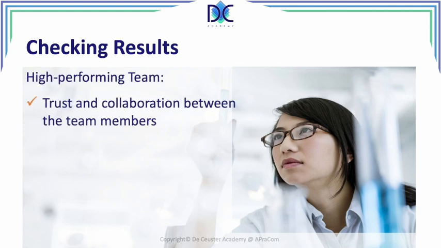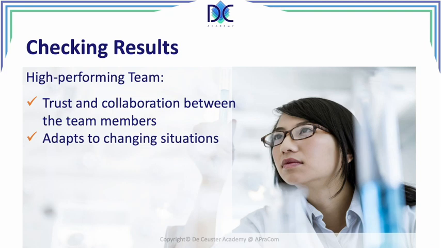The second element to consider is about the high performance teams. When we look at trust and collaboration between the team members, it's a very strong indicator of a high performing team. So when we see that the team members share trust and collaboration, we already have one parameter to verify that we have a high performance team. The team also adapts to changing situations.